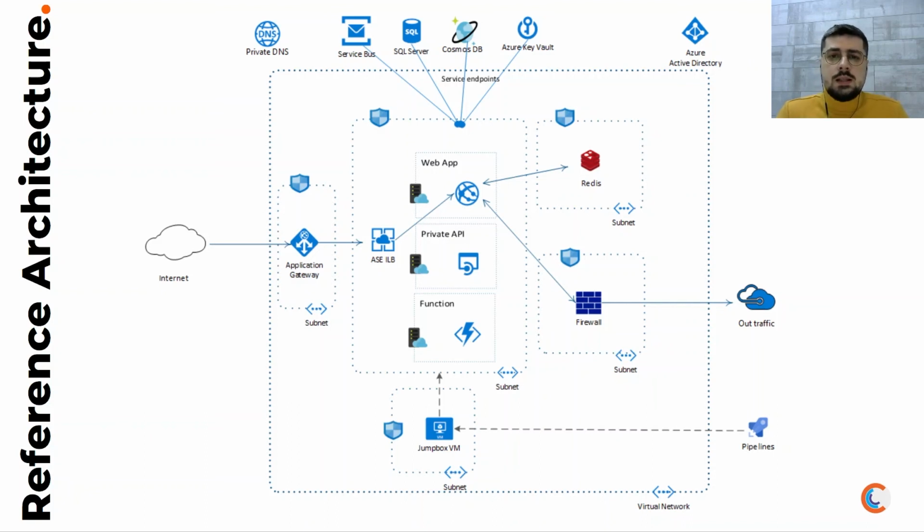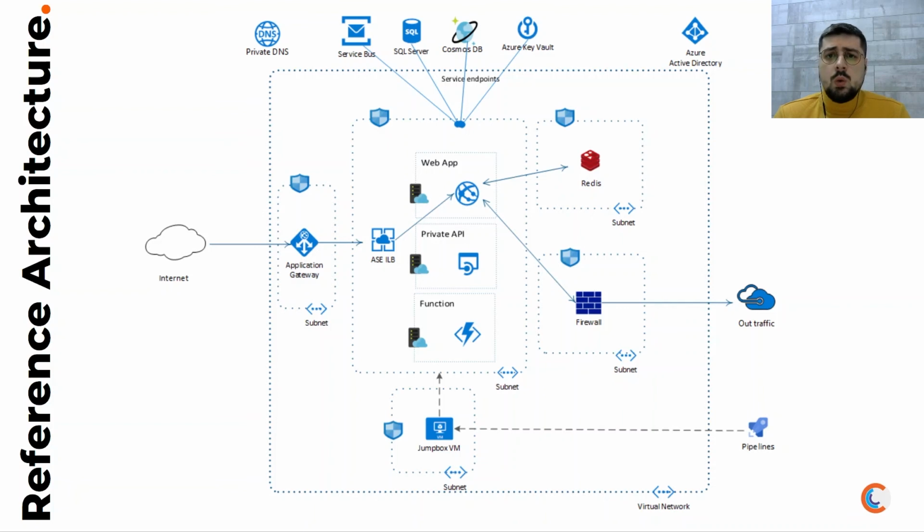An internal ASE is deployed in the enterprise virtual network, hidden from the public internet. It allows enterprises to lock down their backend services, such as web APIs and functions, at the network level.